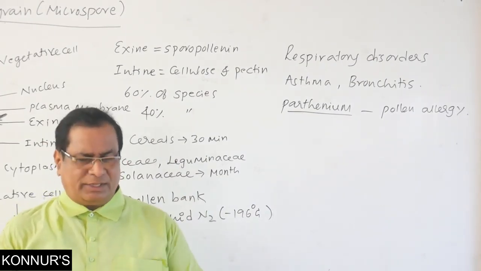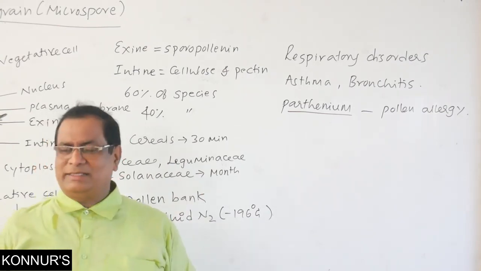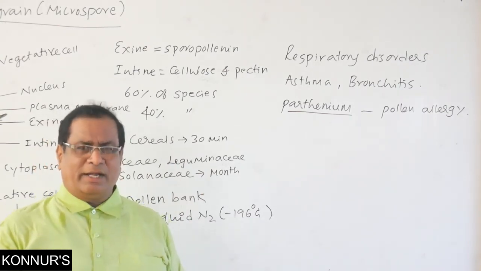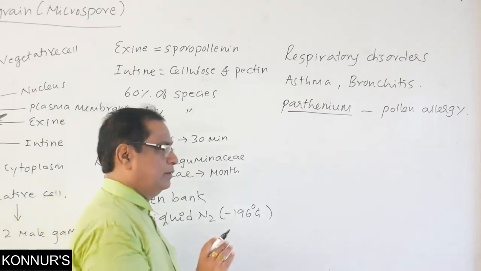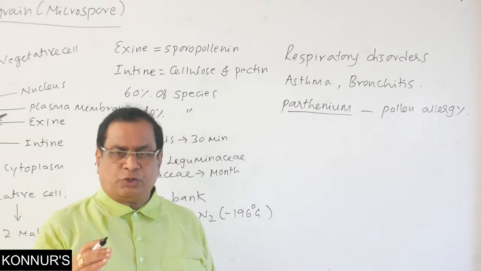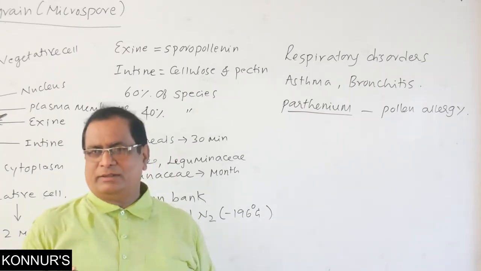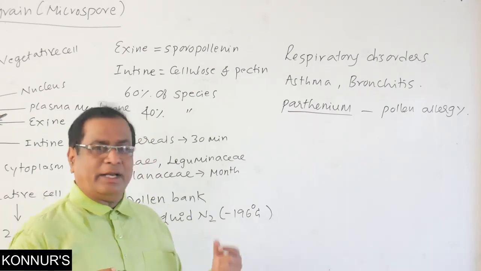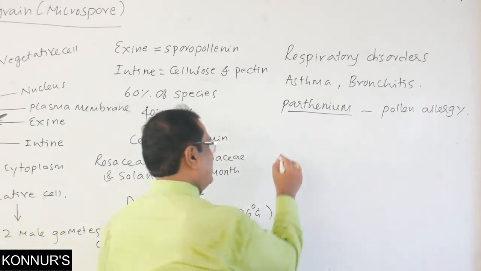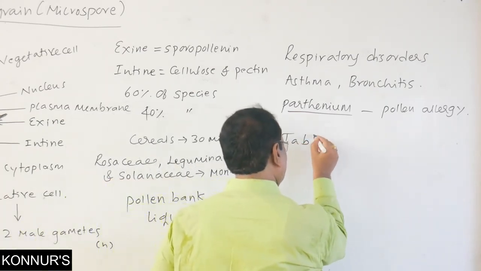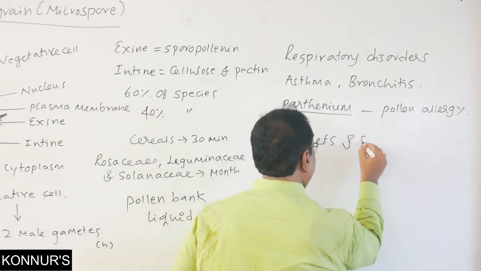And one more interesting thing about pollen grains is that nowadays, as pollen grains are rich in nutrients, in Western countries these pollen grains are made use of as tablets and syrups.